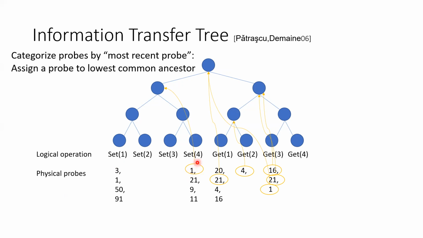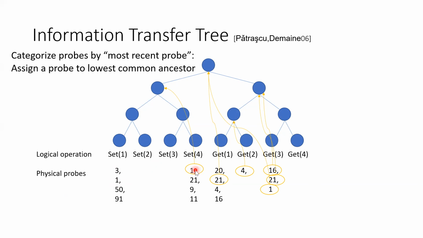It looks at every physical probe and sees if this memory cell was probed before. Like number 21 was not probed before, but number 1 was probed before.